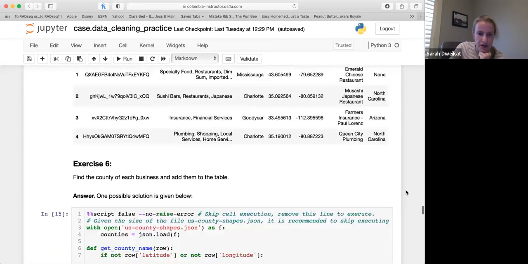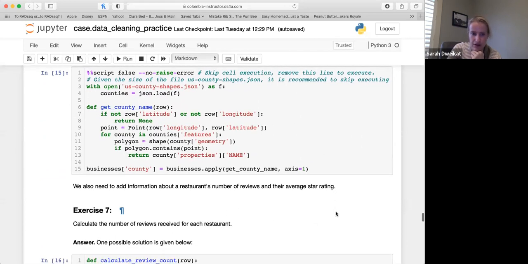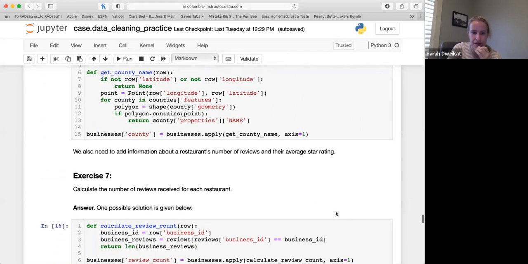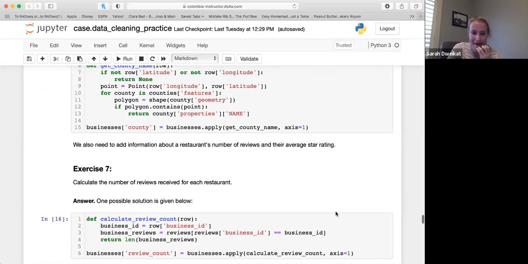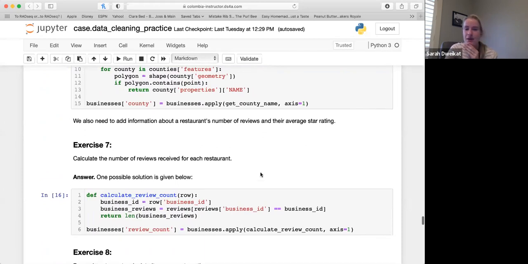Okay, let me go back to the number of reviews received for each restaurant. Let's think about the answer. As you can see from this code, it says restaurant, but we're actually going to do all the businesses. That's just an error.